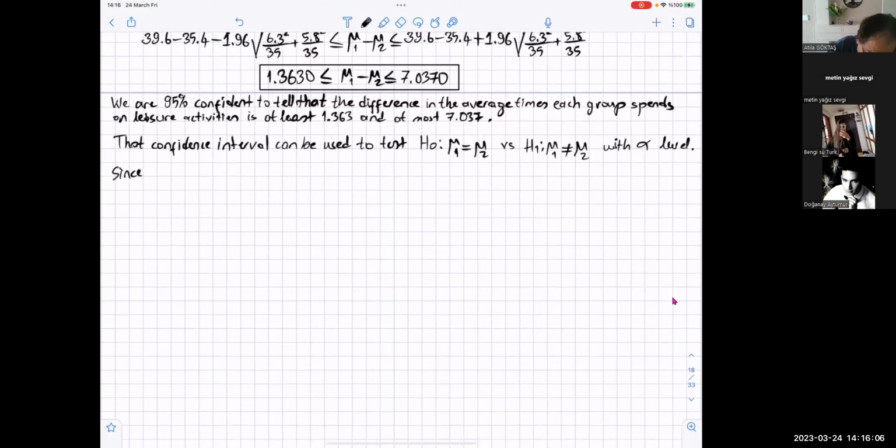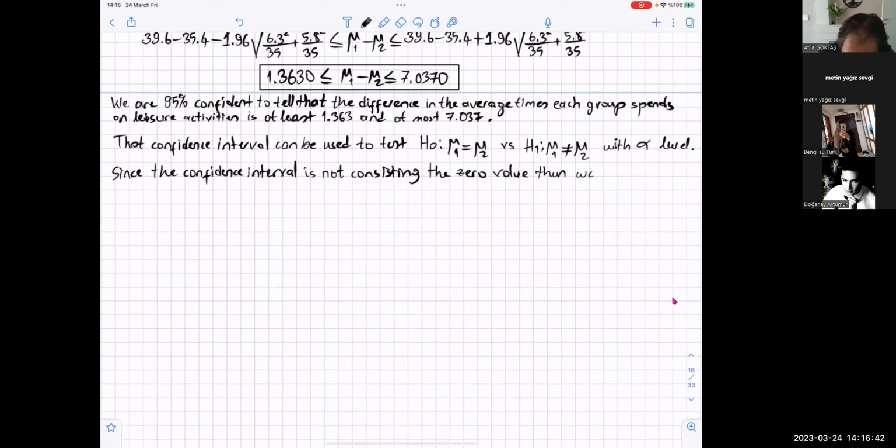Since the confidence interval does not contain the zero value, we can reject the null hypothesis.